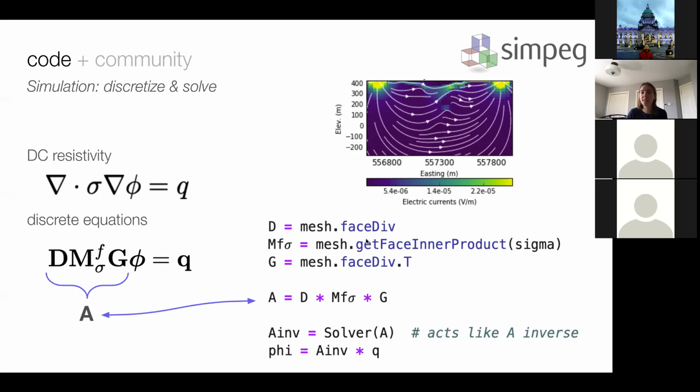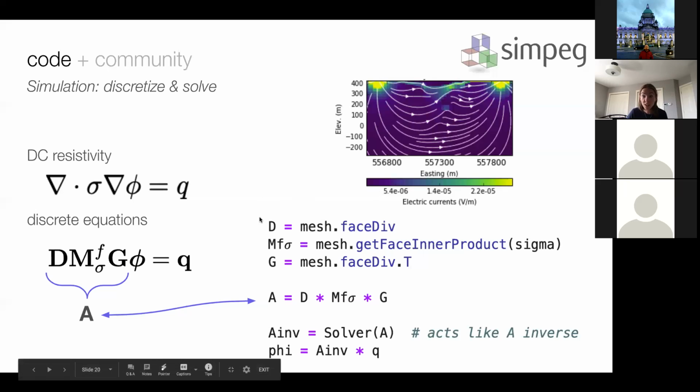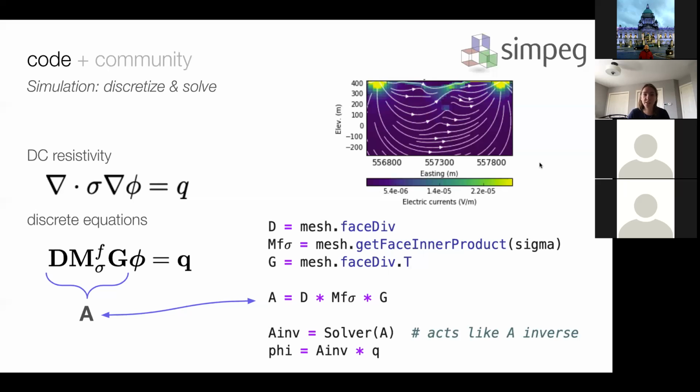These are the kinds of things that you try and think about: how do you design software so that you can plug in new pieces and extend them and do new things without having to change your entire code base. So that's the high level version of actually how we solve the DC resistivity equations. That gives us that first step where we want to be able to actually simulate equations to predict data.